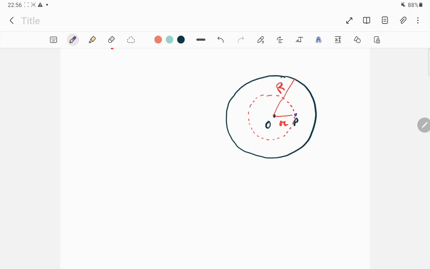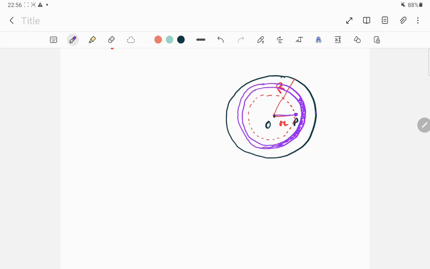Fine. So now the interesting thing is that to find out the potential at the point P, we will be assuming one thin shell like this. What is the location of this shell? It is lying between the point P and the surface.